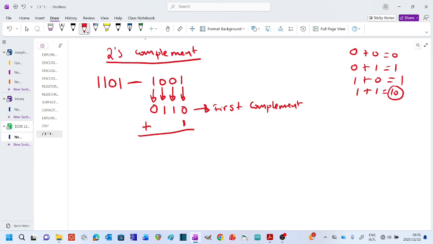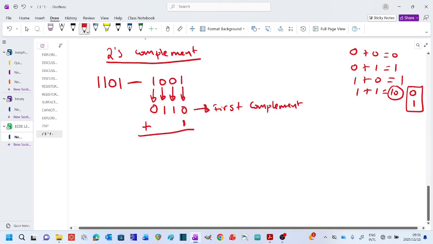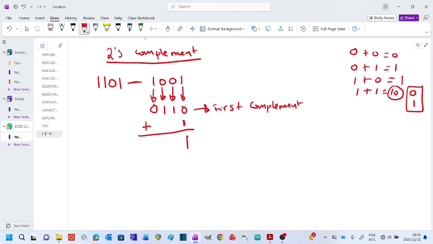We write 0 and carry 1 over. So in this case, we just have one line. 0 plus 1 is 1. And for the rest of the number, 1 plus nothing is 1, 1 plus nothing is 1, and then it is 0 there. So this number here is your second complement.